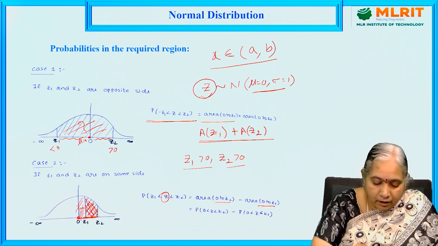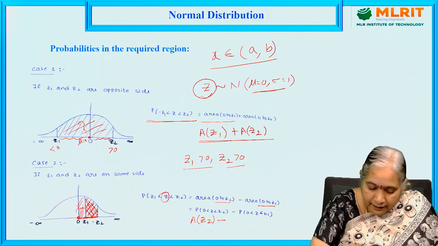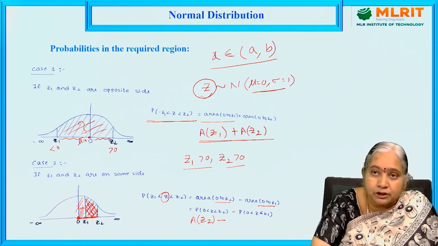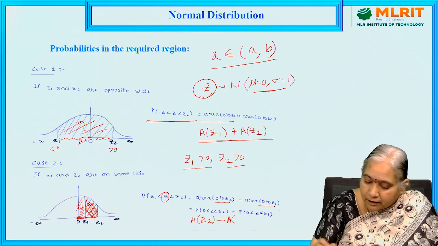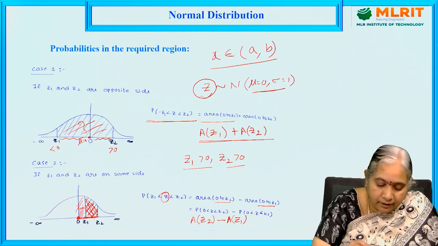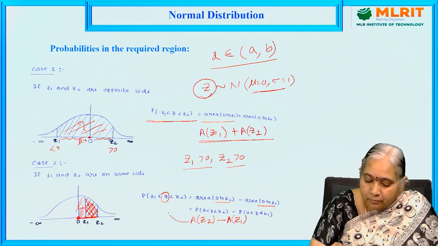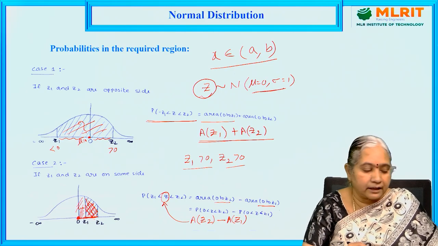So area of Z2, that is understood as 0 to Z2, minus area of Z1, also understood as 0 to Z1. Then we get the required probability Z1 to Z2. So this is the second case.